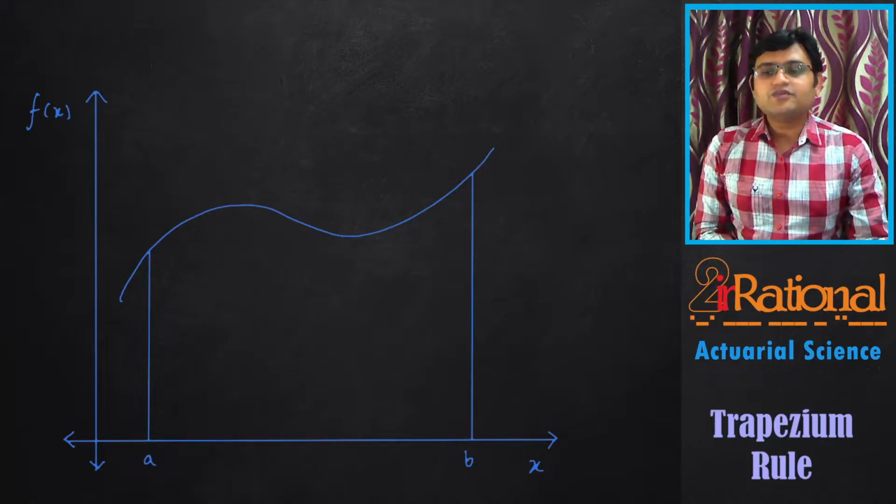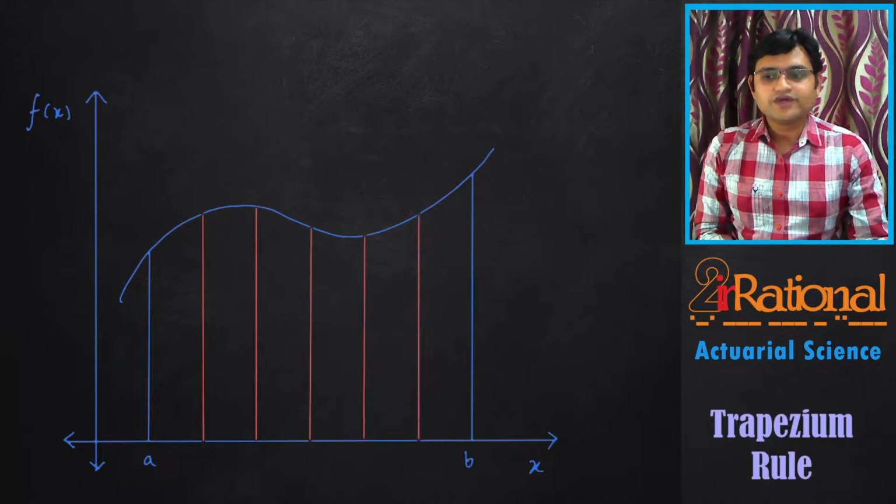For trapezium rule, we use a similar concept but take comparatively larger widths. So let's divide our area into 6 equal widths. As we connect the tops with straight lines, we get 6 trapeziums with equal widths.